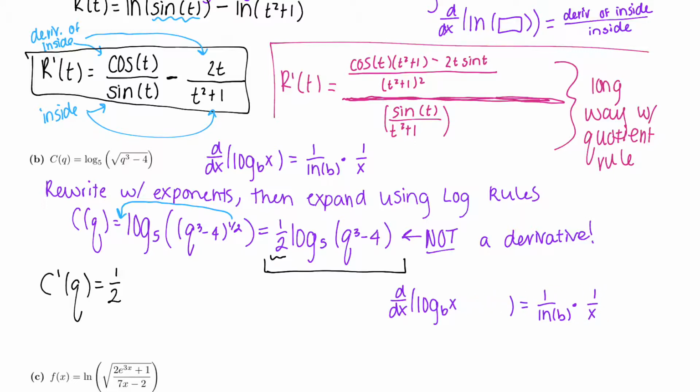Is it more work to do it this way? Maybe, but that's okay. And instead of it being ln x, where you don't need to have this ln b, you're going to have 1 over ln b times, and then just the ln rules, right? So derivative of inside over inside.